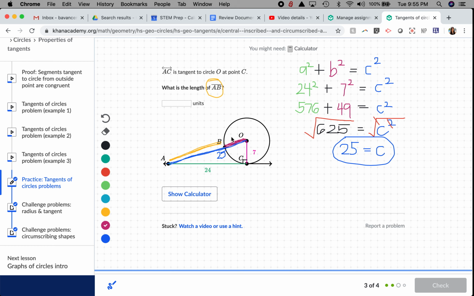If this part is also 7, then what is missing to get the complete 25? The last thing we're going to do then is to take that 25 and subtract the 7 we already have. So we've got 25 minus 7, which is going to give us 18. So that means that segment AB, this yellow segment, is 18.